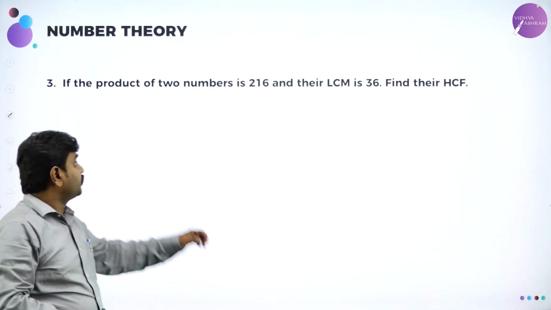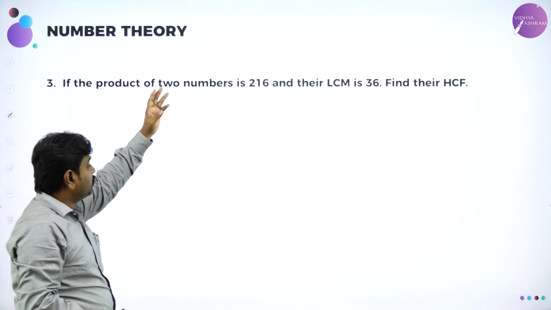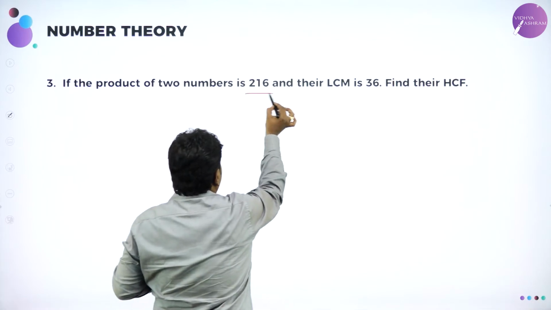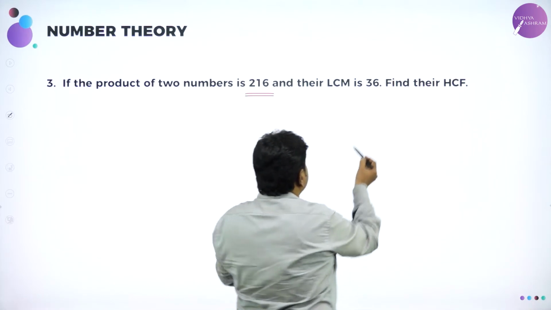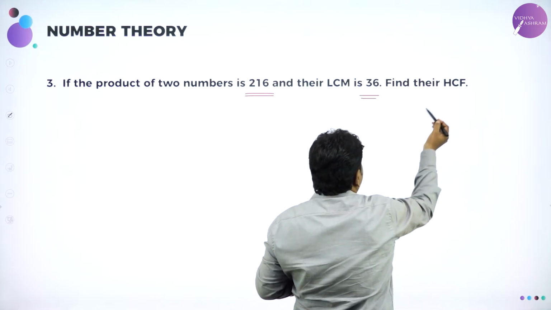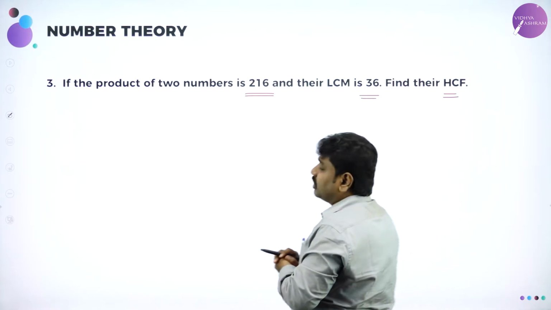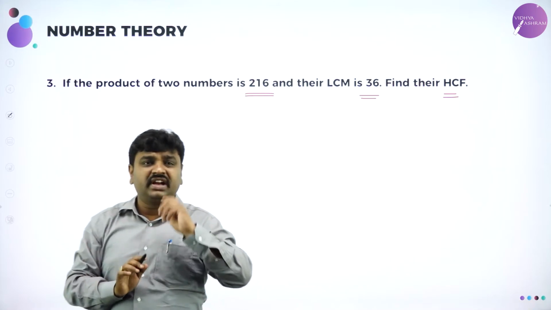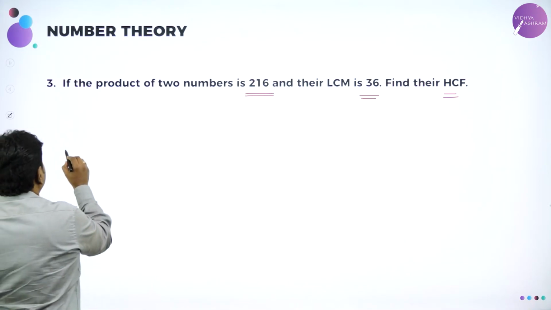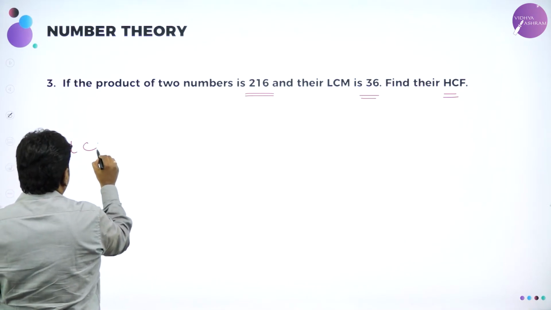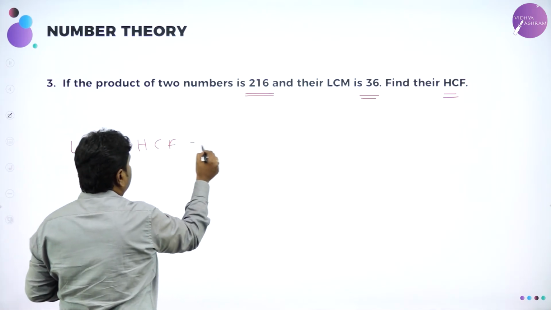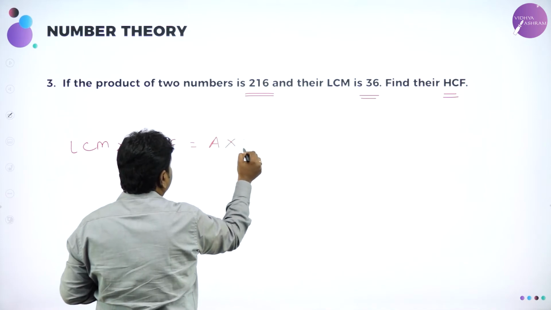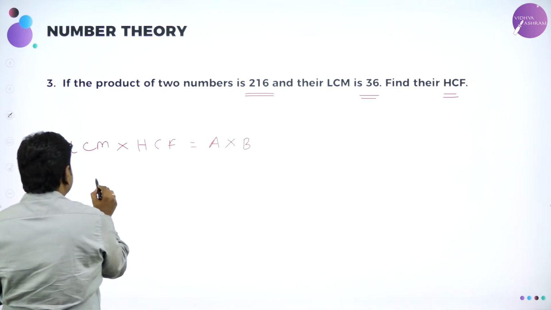See here, if the product of two numbers is 216, and their LCM is 36. LCM is given. They want you to find HCF. We have a relation. What is the relation? LCM into HCF is equal to product of two numbers A into B. Now what is given?